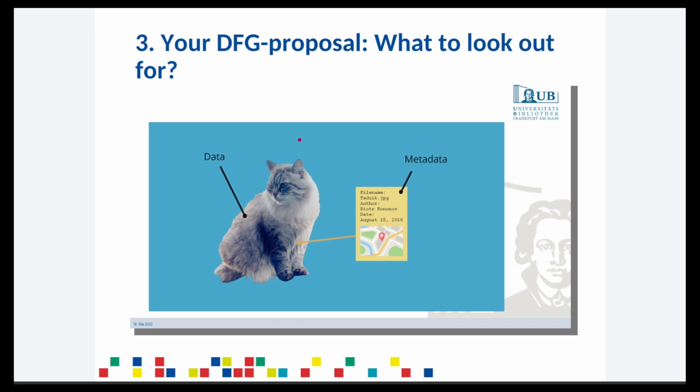Here you see the file name, which is the name of the cat, and another aspect of metadata is the author, where you found the cat, what race of the cat, etc. And of course, you can imagine a lot of further descriptions of this cat, if it's nice, the color of the fur, the age. So that's all metadata that describe the original data.